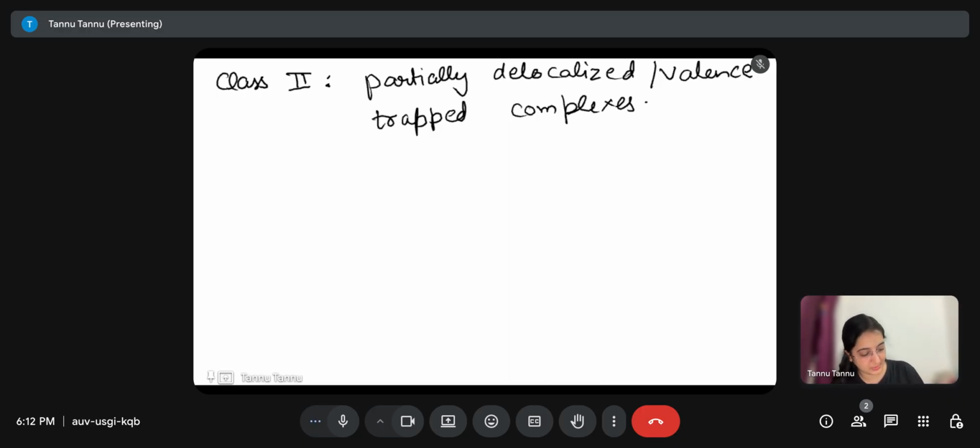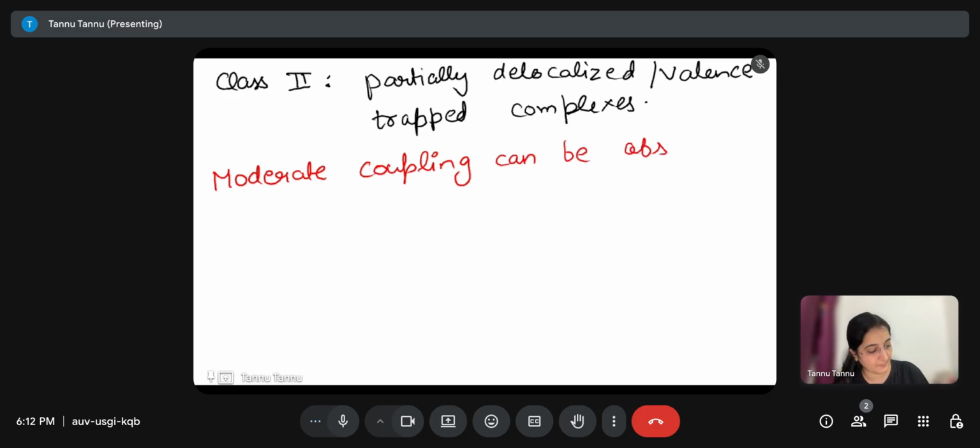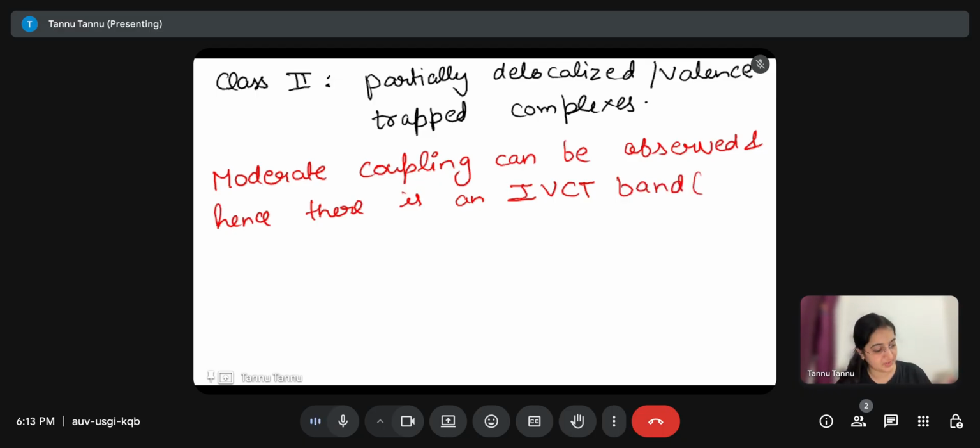In these, moderate coupling can be seen, and hence there is an intervalence charge transfer band, which is usually broad or solvent dependent.